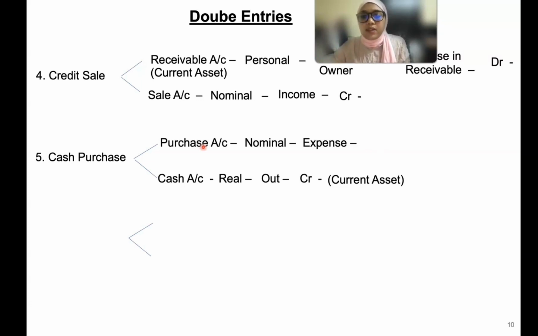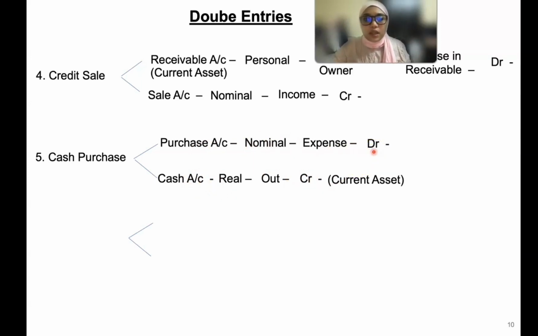Purchase is expense, so it is debit, right? Because we are paying something for this purchase, it is our cash out transaction, so it is our expense. Okay, we are paying cash to get something, so cash is out, credit; purchase, nominal, expense, debit.